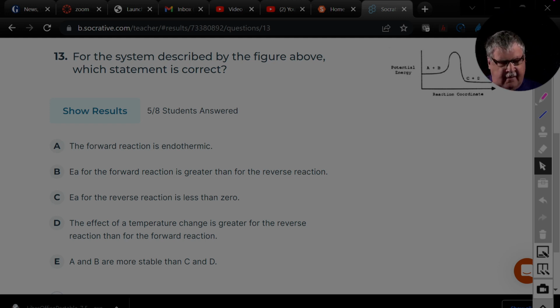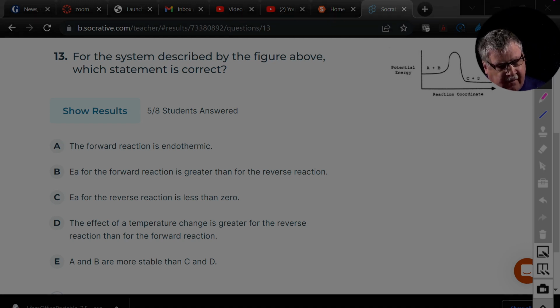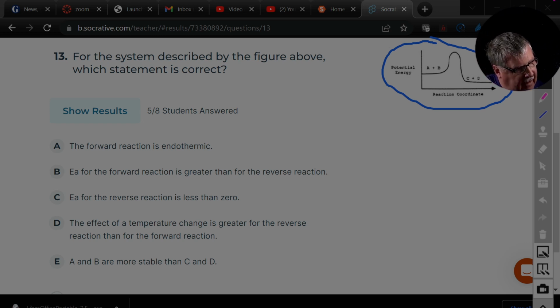Let's look at this. Given the profile that's shown over here on the upper right, is this reaction exothermic or endothermic? It's exothermic. So that means we can cross off the first one because the forward reaction is not endothermic.